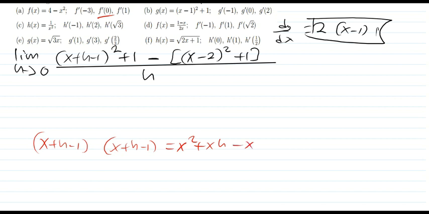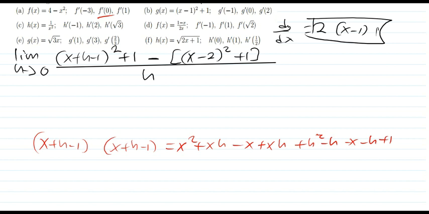I'm done with x. H times x is plus xh. H times h is plus h squared. Then h times negative 1 is negative h. I'm done with h. Negative 1 times x is negative x. Negative 1 times h is negative h. Negative 1 times negative 1 is plus 1. Perfect. Now it's making sense.